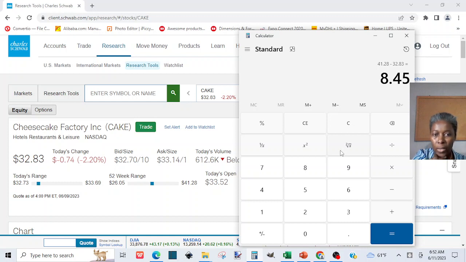So $8.45 compared to $6.78. So it is closer to the 52 weeks low than it is to the 52 weeks high.